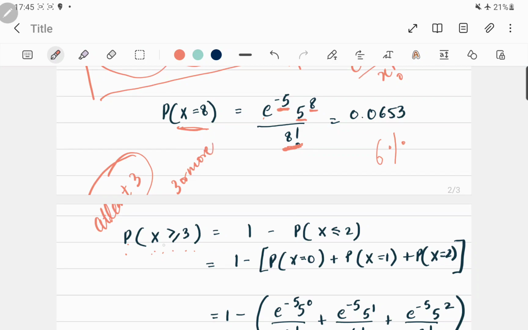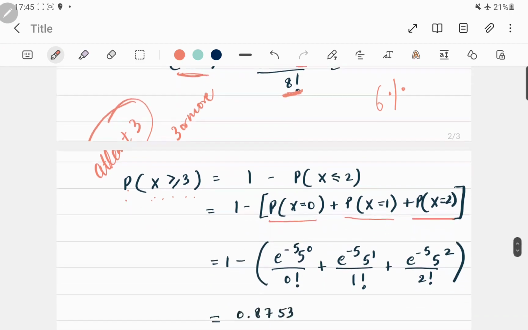So we have probability x is greater than or equal to 3, which is the same as 1 minus probability that x is less than or equal to 2, right? So we use that and we get 1 minus the sum of probability x is 0, probability x is 1, and probability x is 2.